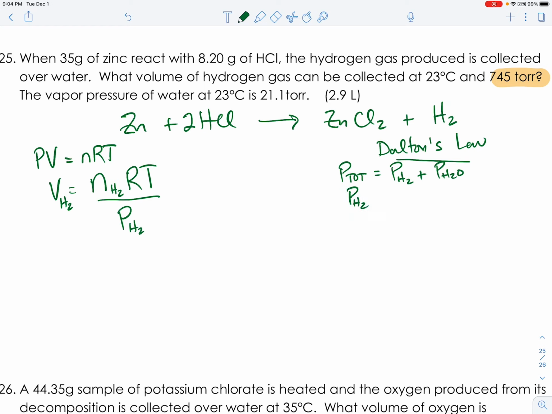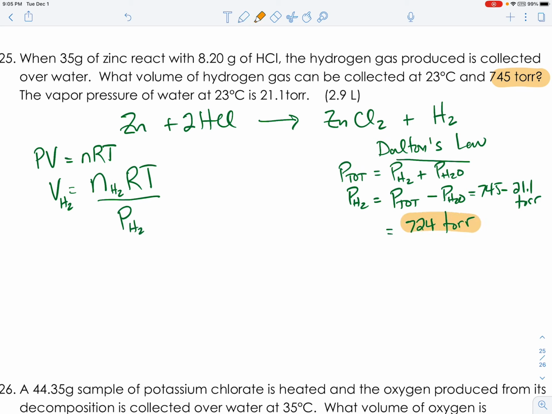So the pressure of the hydrogen, the thing I need for my ideal gas law, is the total pressure minus the water vapor pressure. So that's going to equal 745 minus 21.1 torr, right? I got those numbers right from above. So that's going to give me, let's see, 745, 725, 724 torr.